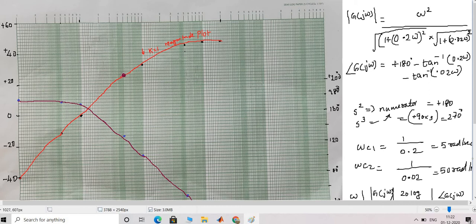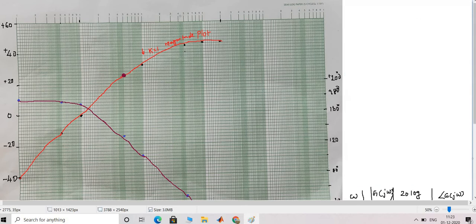So in order to change the gain crossover frequency to 5 radian per second, what is gain crossover frequency? At gain crossover frequency, the gain should be 0 dB, but now the gain is plus 25 dB. So we can write it here. When k is equal to 1, we have plotted the magnitude plot.